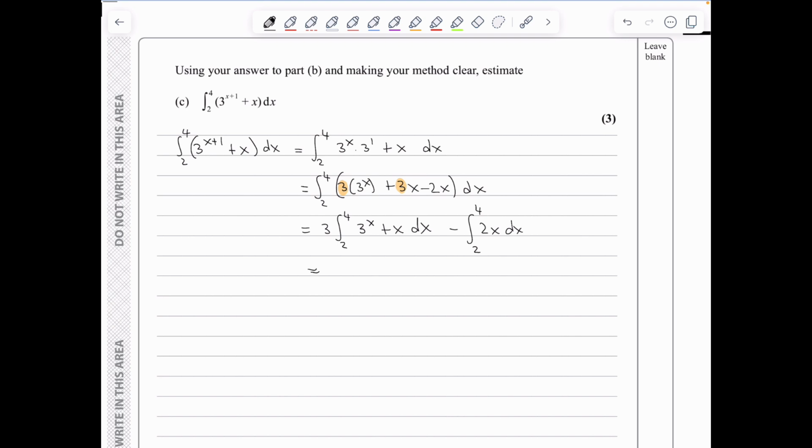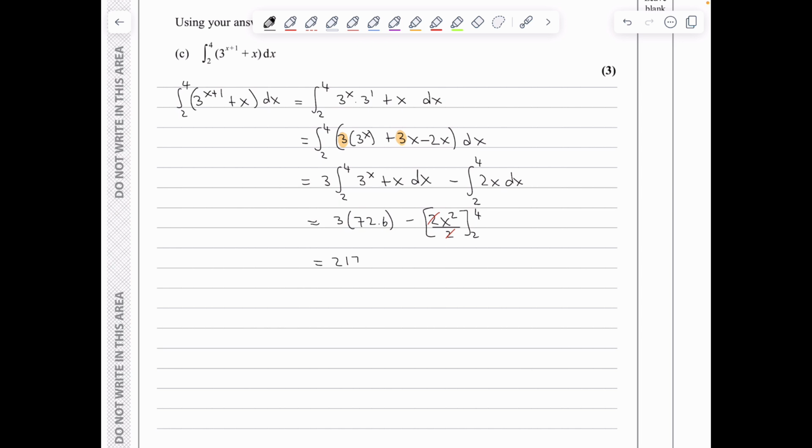So this is approximately 3 times the 72.6, the answer to part B, minus 2x squared over 2 from 2 to 4. Now obviously the 2 will cancel out, and what I obtain is 217.8 minus the 4 squared minus the 2 squared, which gives a final answer of 205.8.